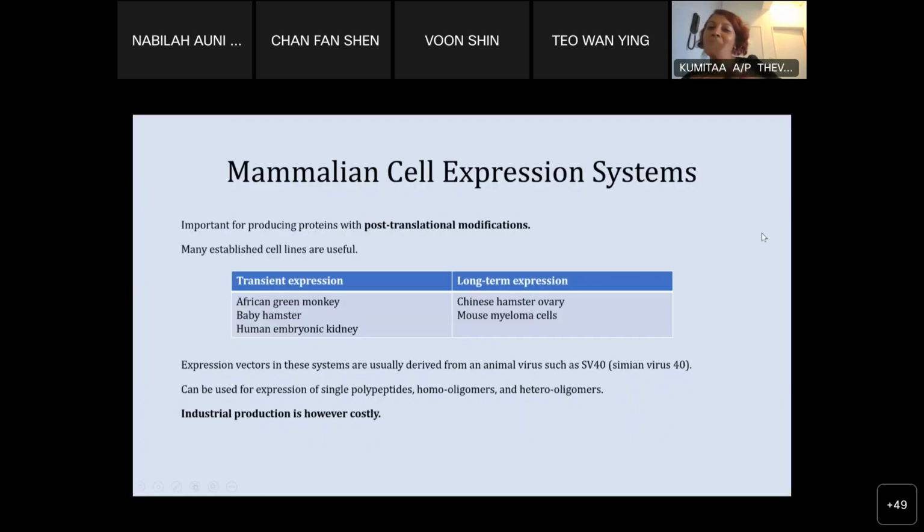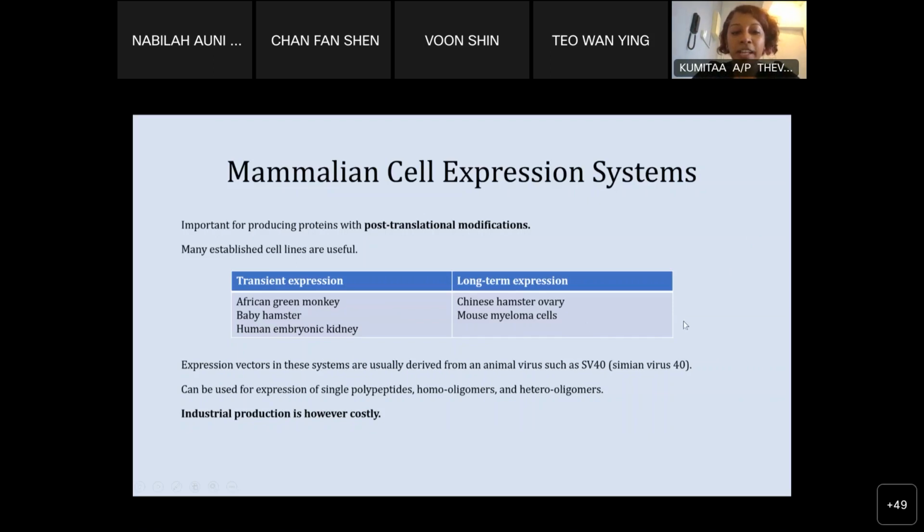All right, so next we move on to mammalian cell expression system. This is definitely the best when you are trying to produce protein with post-translational modification. Many established cell lines have been very useful with mammalian cell expression systems, for example, human embryonic kidney and Chinese hamster ovary cells, and they can be expressed either short-term, transiently, or for long-term expression.